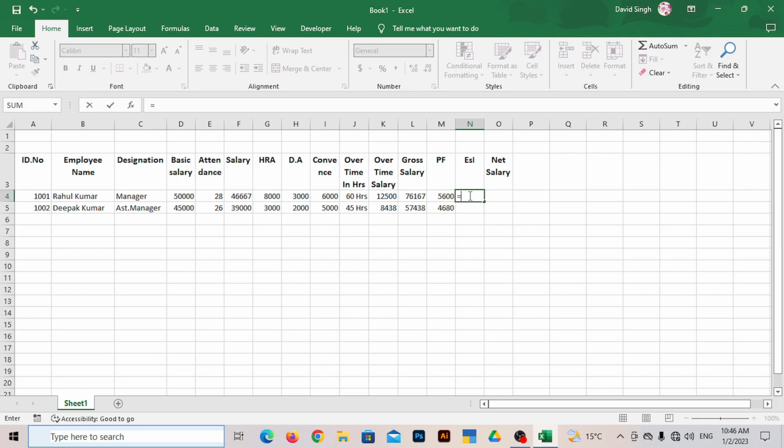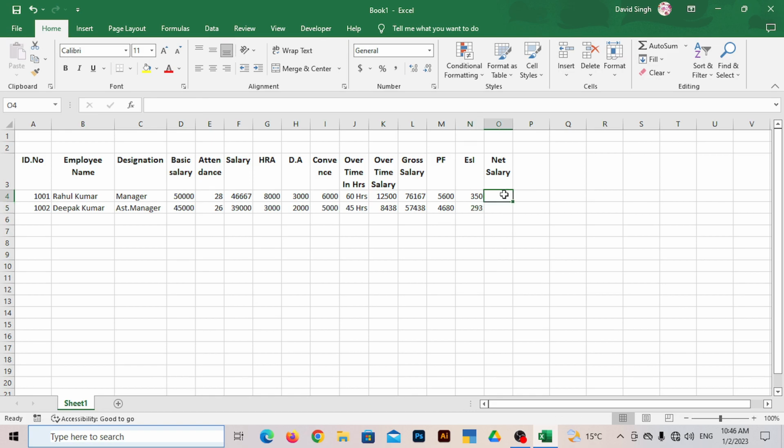It is like a medical policy, and it covers the employee as well as family members. Here ESI is cut from your salary at 0.75%, totally based on basic salary. Now we got the ESI, the same for Deepak also, and I remove the decimal from here.